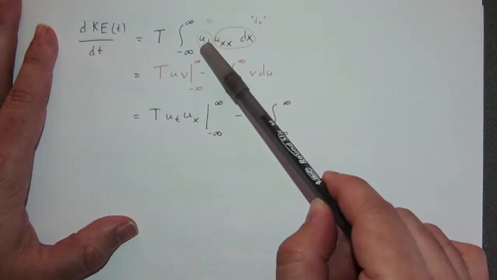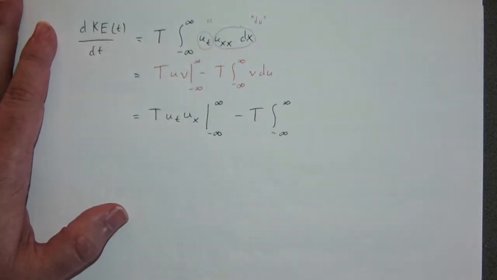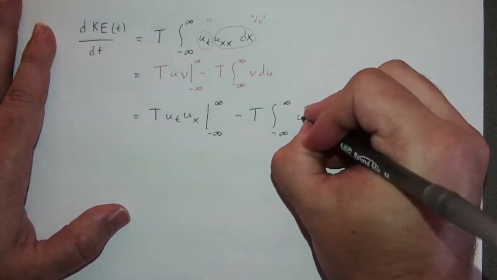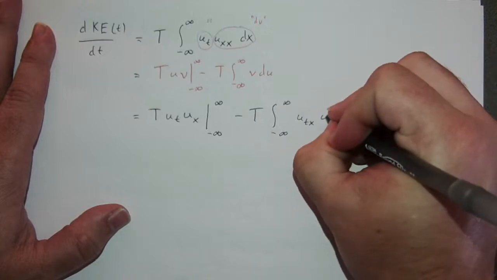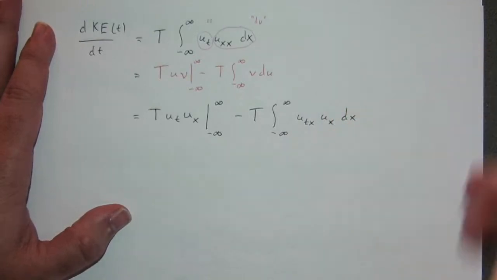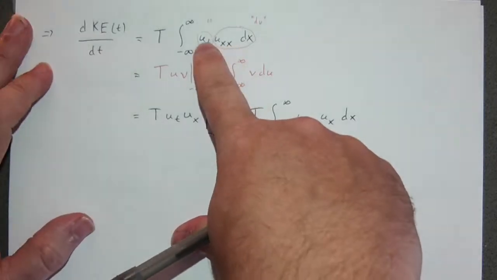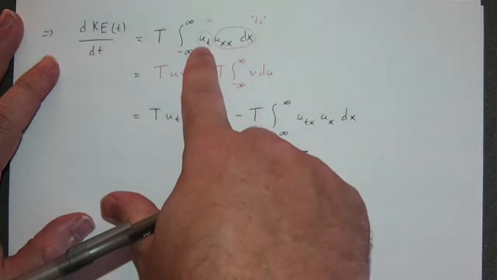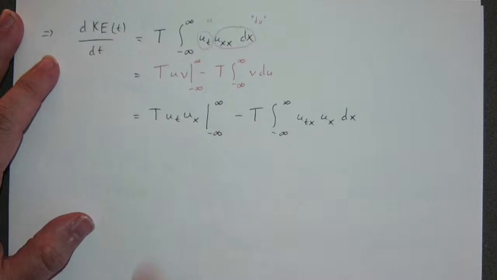So this is u sub tx, so this is like u sub tx, u sub x dx. So I've moved one of these x derivatives over onto u sub t. And so this is what I get.